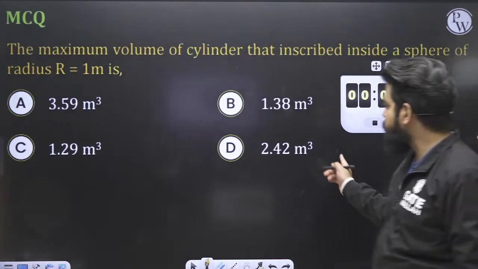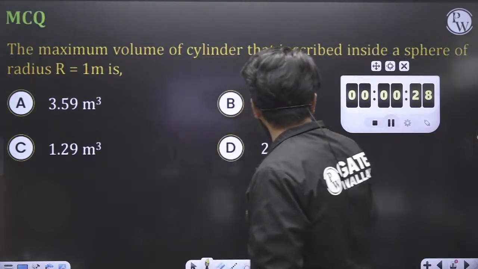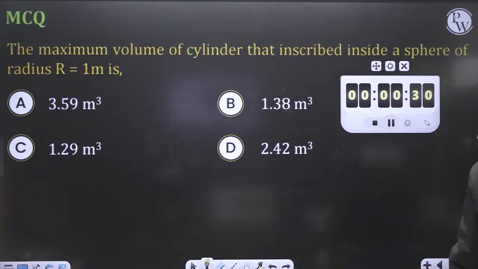This is MCQ type question. So ABCD is given. You can select your answer. Maximum volume of the cylinder that is inscribed inside a sphere of radius 1 meter.